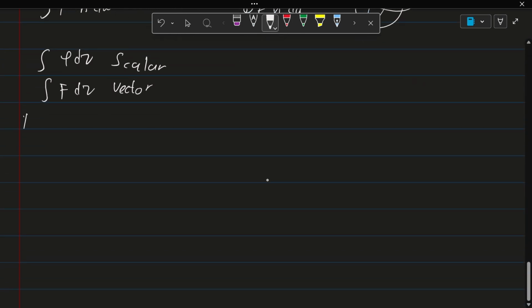So let's start with divergence. Divergence is denoted as nabla dot f, which is related to the dot product, but we'll ignore that for now. So nabla dot f would just be 1 over V, the limit as the volume goes to 0, of the surface integral of f vector dot n hat dA.